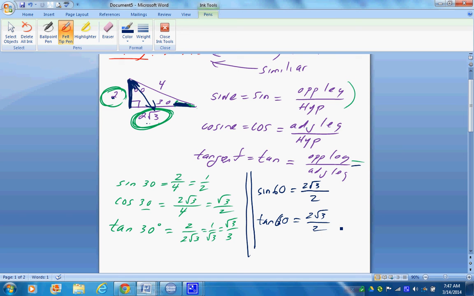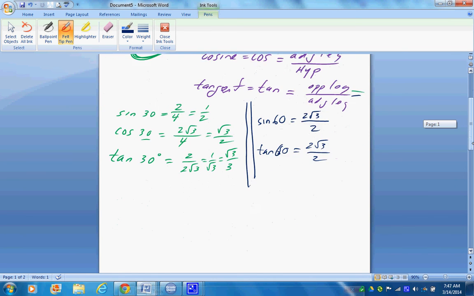We're only going to be looking at trig ratios for acute angles, so we won't be using the 90 degree angle, and we won't be using anything greater than 90 degrees in this introduction to trigonometry. When you get to pre-calculus, you actually will be using some of those, but we originally defined it as these ratios.